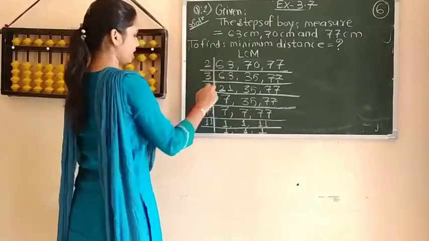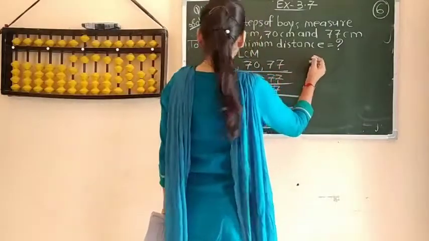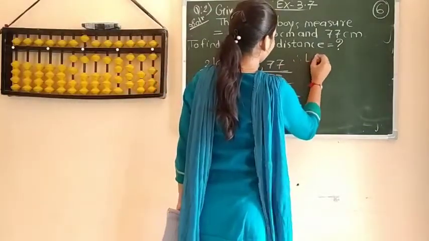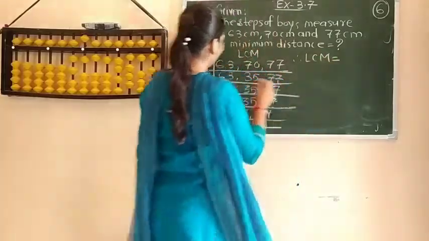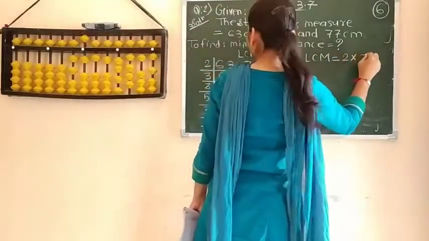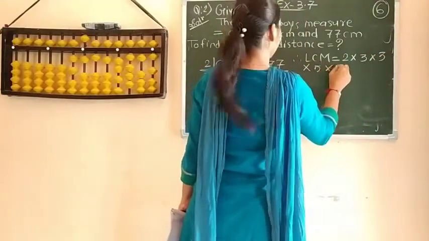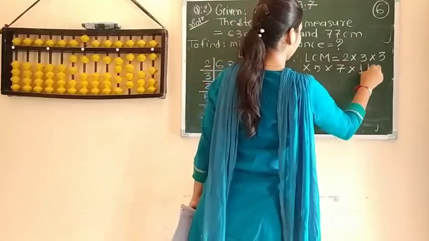All these are the prime factors. This LCM we have found by the prime factorization method. So therefore LCM is equal to, you have to multiply all these factors: 2 multiplied by 3 multiplied by 3 multiplied by 5 multiplied by 7 multiplied by 11.